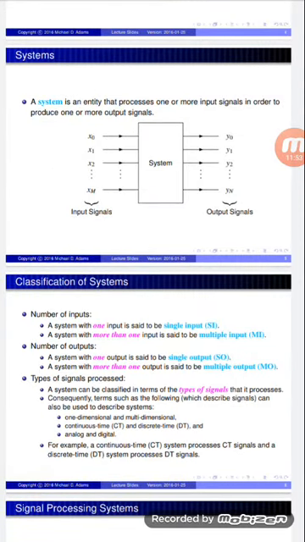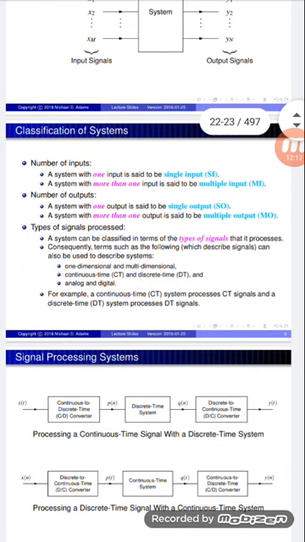Once again we look at the system block diagram, where we see the number of inputs and the number of outputs, and which type of signals enter the system and which type of signals leave the system. This process is known as classification of systems. Classification of systems means how many inputs enter the system, how many outputs leave the system, and what type of signals are involved.